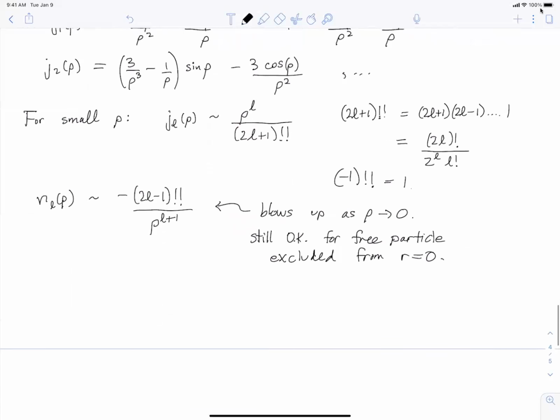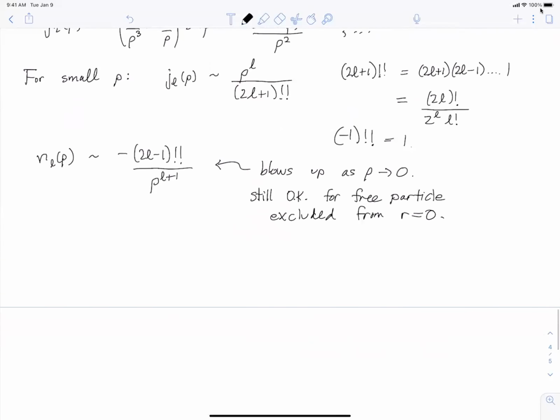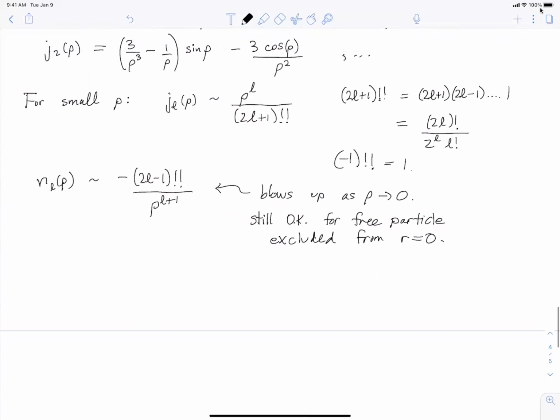All right, so some useful properties of this. Well, first of all, that's for small rho. Maybe we should say what they look like for large rho. It turns out for large rho, the spherical Bessel functions behave like 1 over rho times a trigonometric function, which turns out to arrange itself into sine of (rho minus L pi over 2).